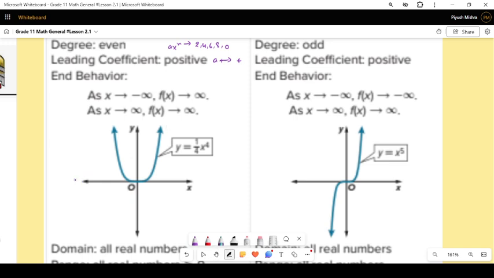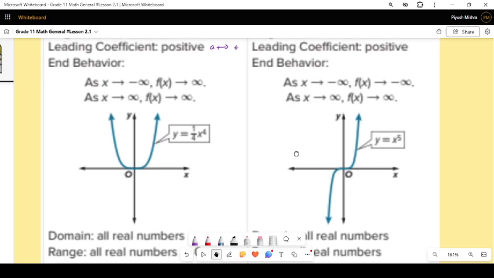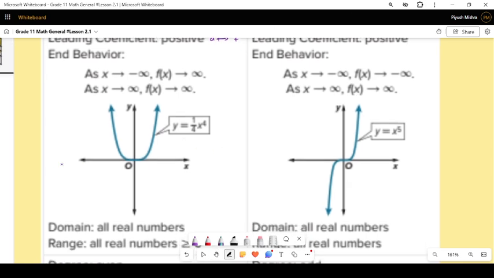Now how will we find the domain and range? You know domain is the value of x and the range is the value of y. And it goes like this. You can see when you come from minus infinity to 0, or from 0 you go to minus infinity, f of x is going positive.